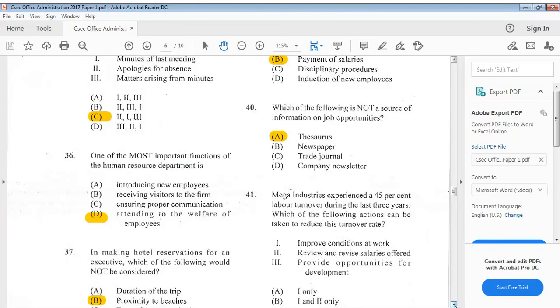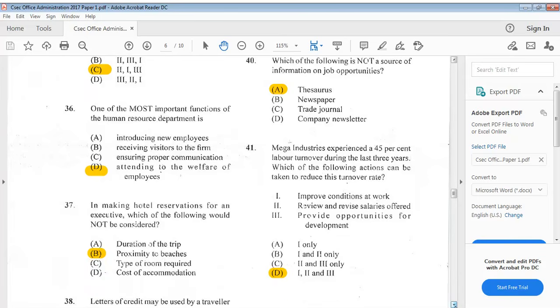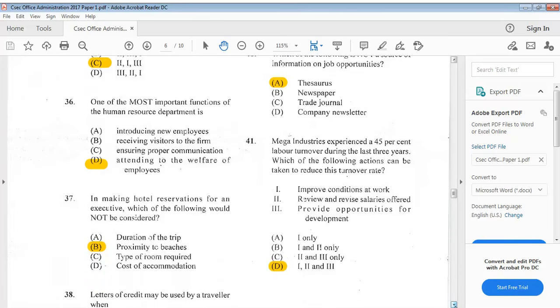So let's move on to 41. Mega Industries experienced a 45% labor turnover during the last 3 years. Which of the following actions can be taken to reduce this turnover rate? 1. Improve conditions at work. 2. Review and revise salaries offered. Or 3. Provide opportunities for development.